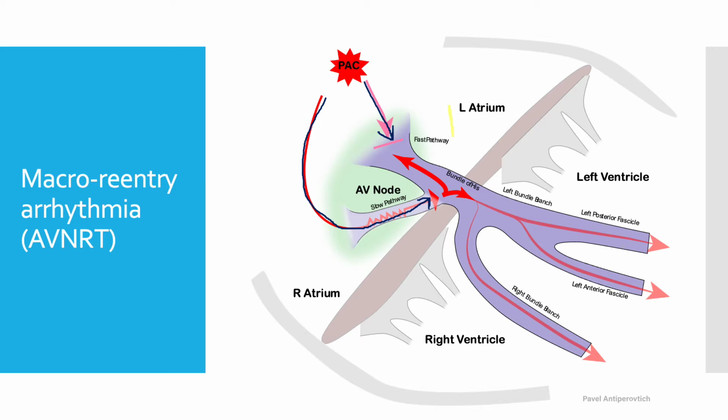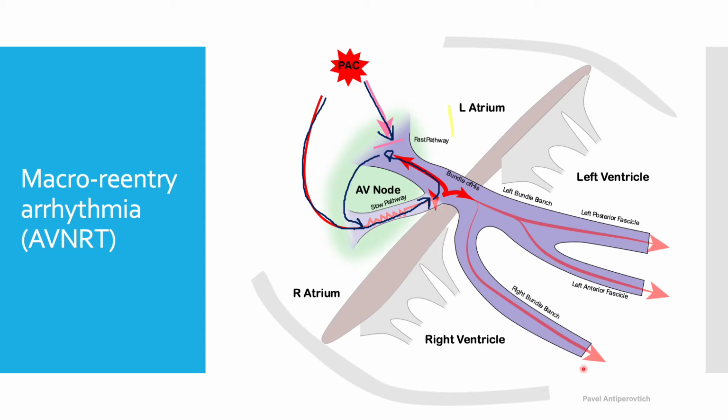By the time it reaches the common pathway, the fast pathway has now recovered, and it can come back up the now recovered fast pathway and re-enter the slow pathway again to reactivate that tissue. This forms a macro re-entry circuit that's entirely contained within the compact AV node. This is called typical AVNRT.